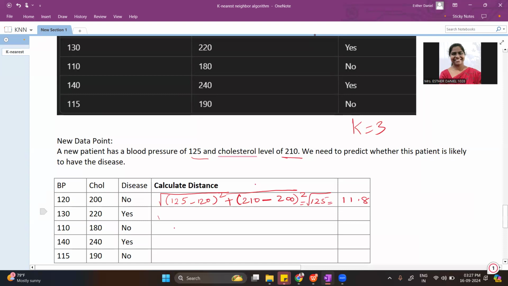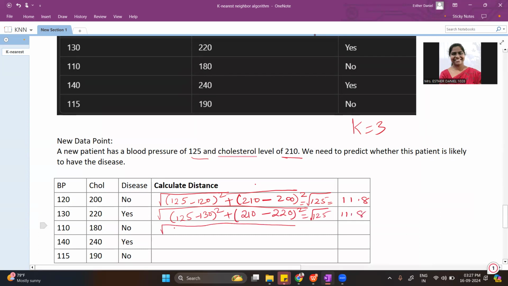The same way for the next one, (125 minus 130) whole square plus (210 minus 220) whole square, which again comes to 11.18.